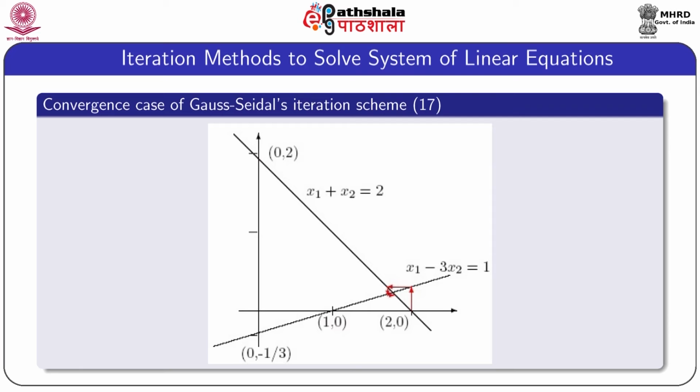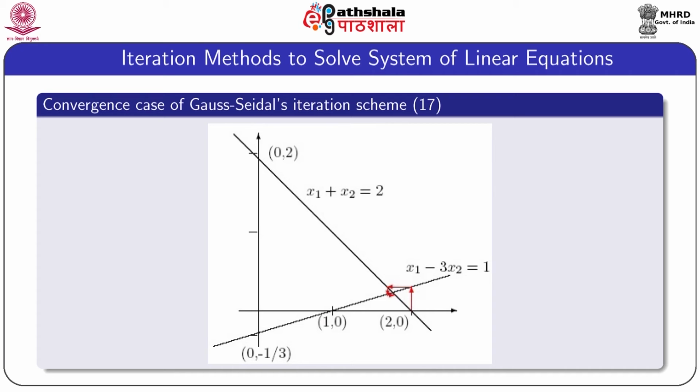Now, we describe the convergence case of the Gauss-Seidel iteration scheme by this figure. In this figure we start the iteration scheme from the point (2, 0), and the iteration goes to the second equation x1 minus 3x2 equal to 1, and then it goes to the first equation x1 plus x2 equal to 2, and then downward to the second equation, and finally it goes to the point of intersection of the equations x1 plus x2 equal to 2 and x1 minus 3x2 equal to 1.